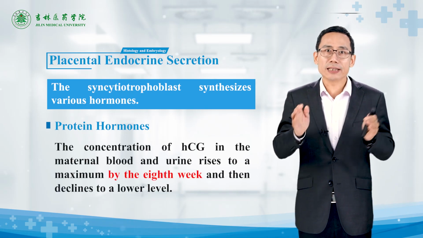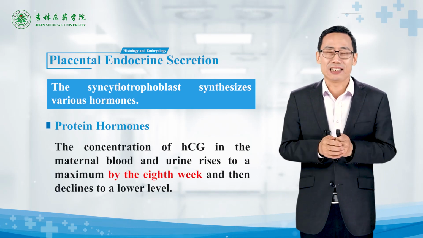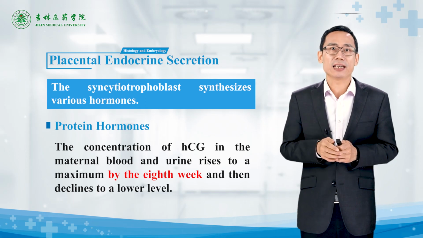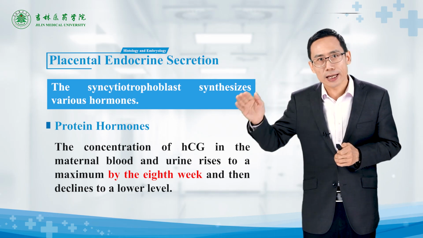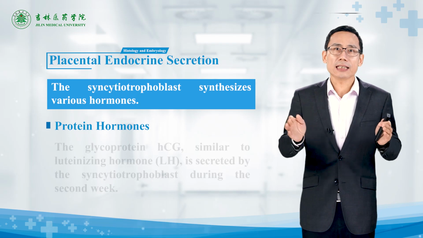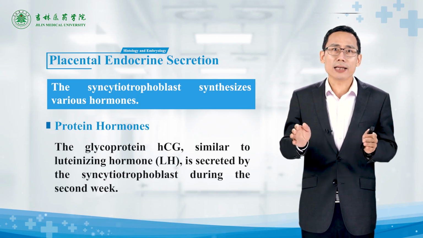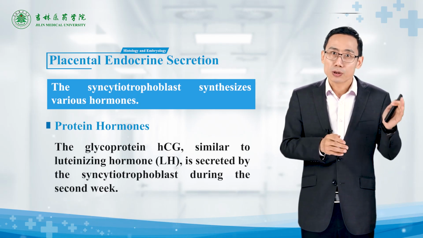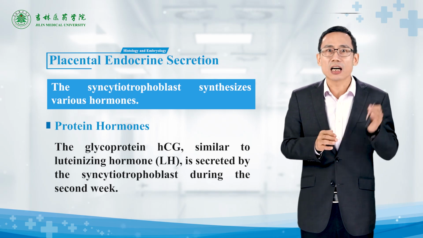HCG begins to be secreted in the second week of pregnancy, peaks in the 8th week, and then decreases gradually. HCG can be detected in the urine of pregnant women, so it can be used to detect early pregnancy.